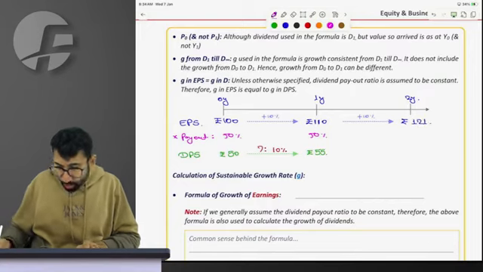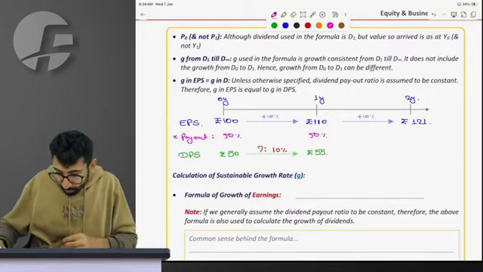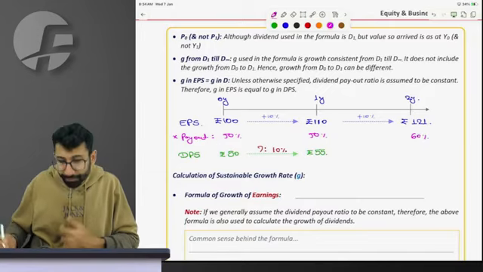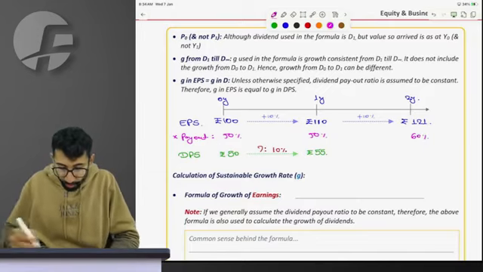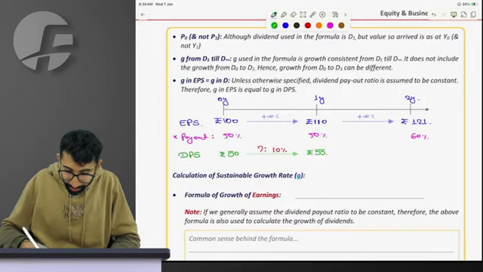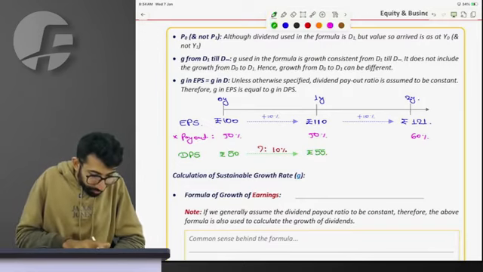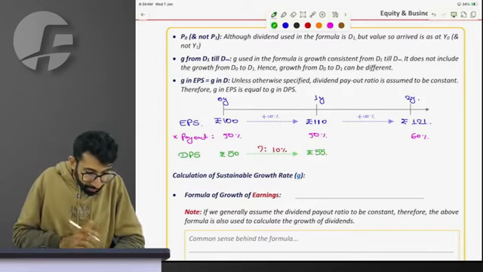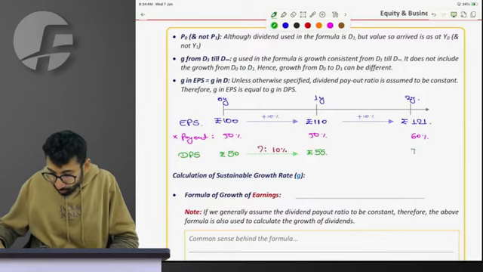But suppose the payout ratio turns out to be 60%. So accordingly, how much will be the amount of dividend? 121 into 60% is rupee 72.6.